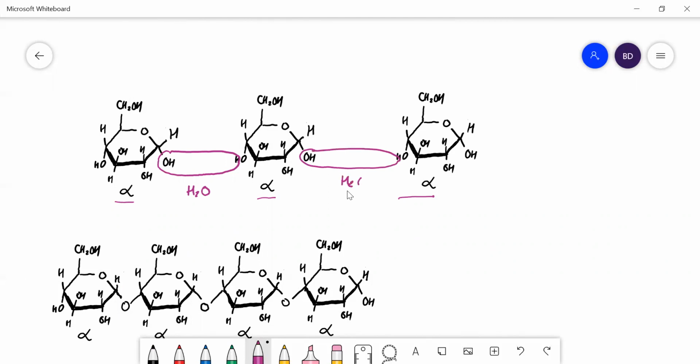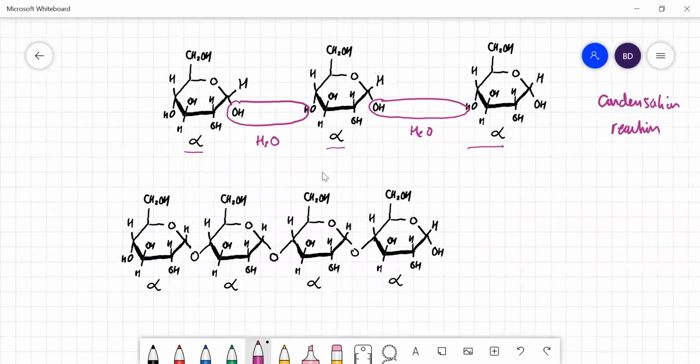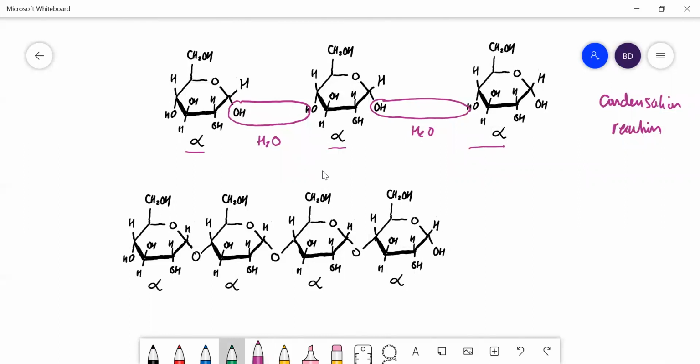Now, because you make water, it's called a condensation reaction. You may remember condensation polymers in GCSE chemistry. You made water then, so it's very similar to that. You join them together, and here we have starch. And this little linkage here, I'll circle around it, is called a glycosidic bond.